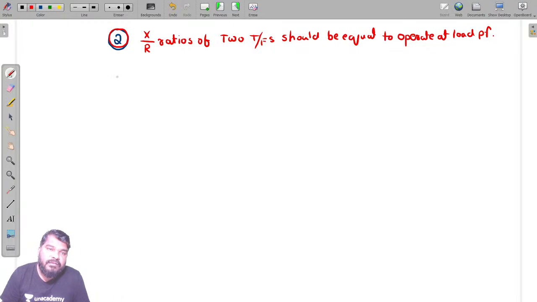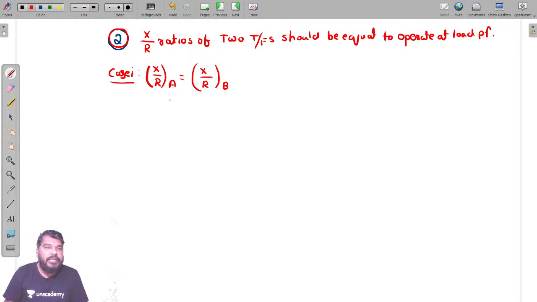Suppose let us take case 1 here. The X by R ratios are equal, so the X by R ratio of transformer A is equal to the X by R ratio of transformer B. Let us take tan inverse.